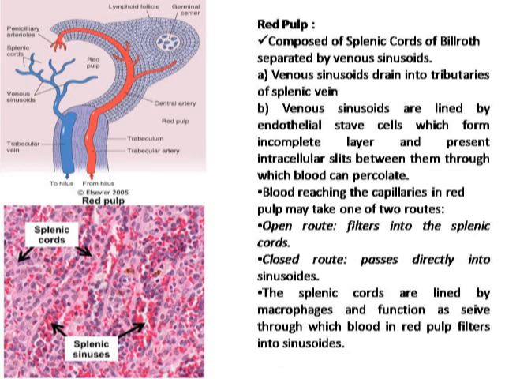Here in the red pulp portion there are venous sinuses, a lining of endothelial cells that are positioned in parallel and connected by stress fibers to annular fibers.